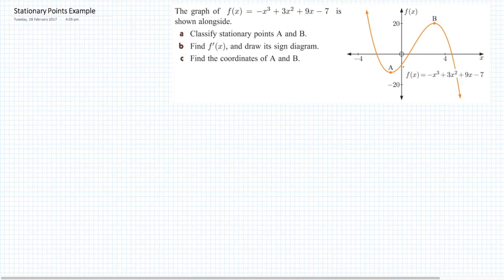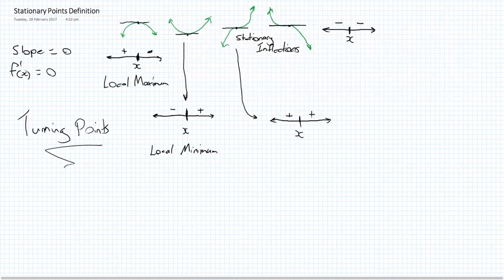What's the name that we give to this one? Well, if we go back and have a look at our definition, A looks a little bit like this, where it's a local minimum.